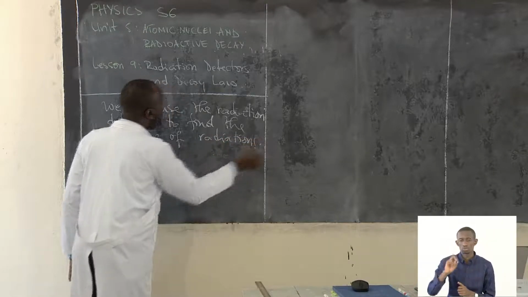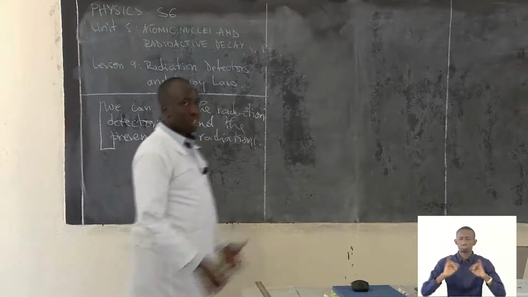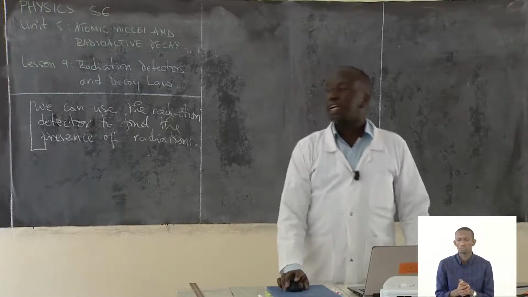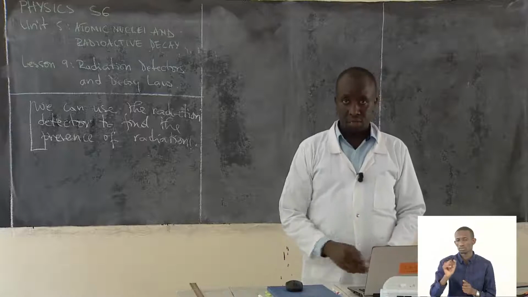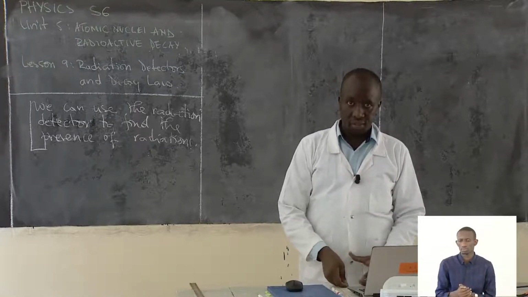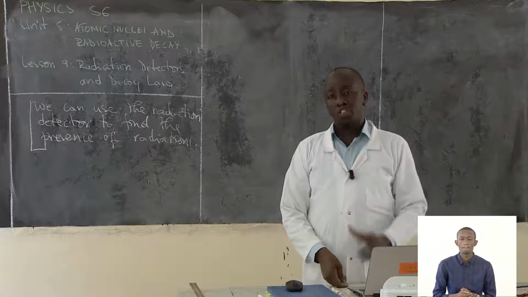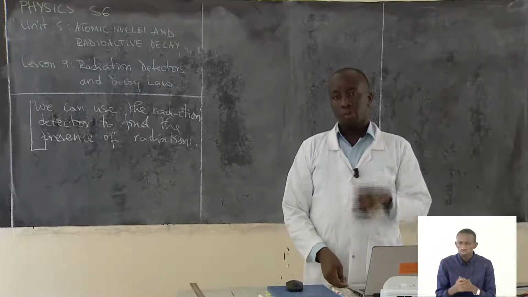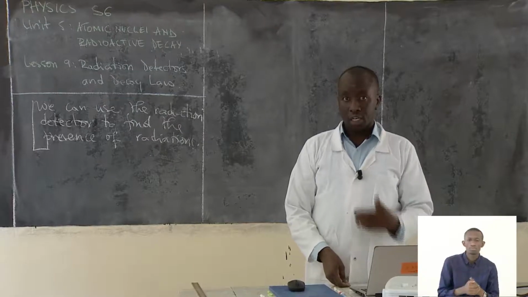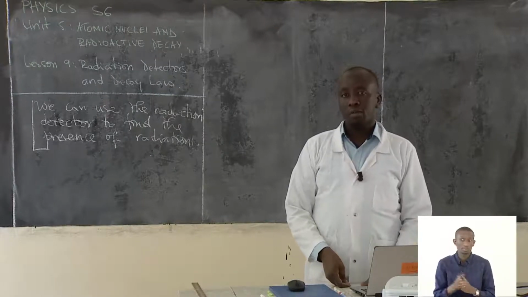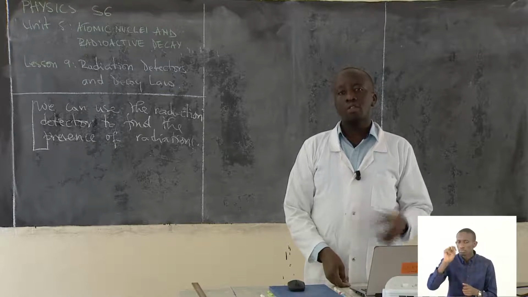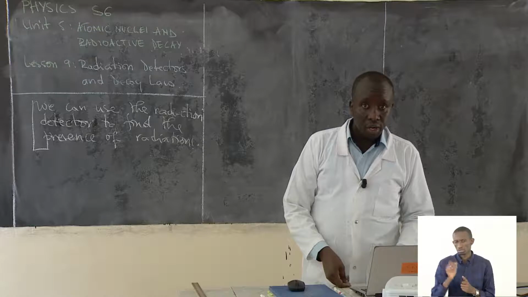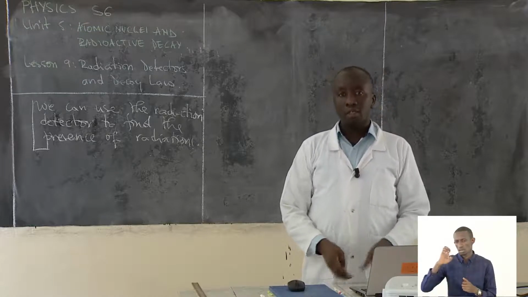Now we can try to define what is this radiation detector, okay? So a radiation detector is a device. That is number 1. It is an instrument that is being used to tell you whether at that place there is radiation, that is nuclear radiation, and there is electromagnetic radiation, or there is a light radiation.